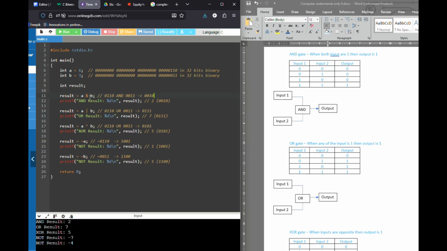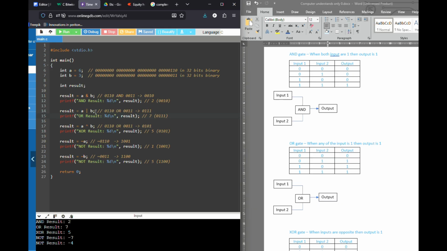The same way we do it for A OR B. This is the OR gate in C actually. So A is 6 and B is 3, 6 or 3.